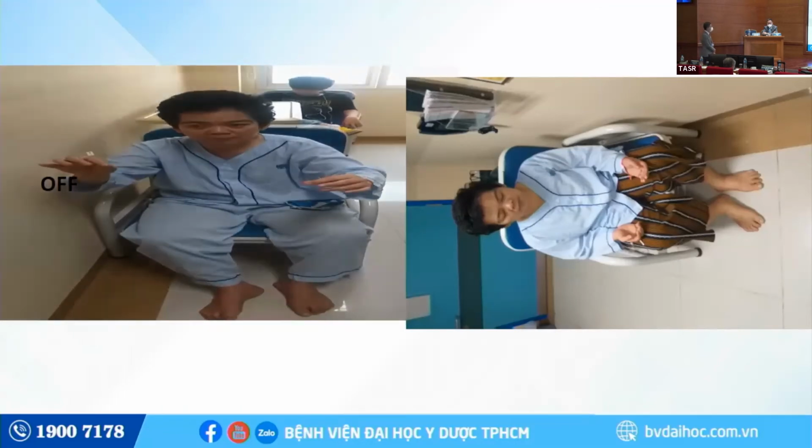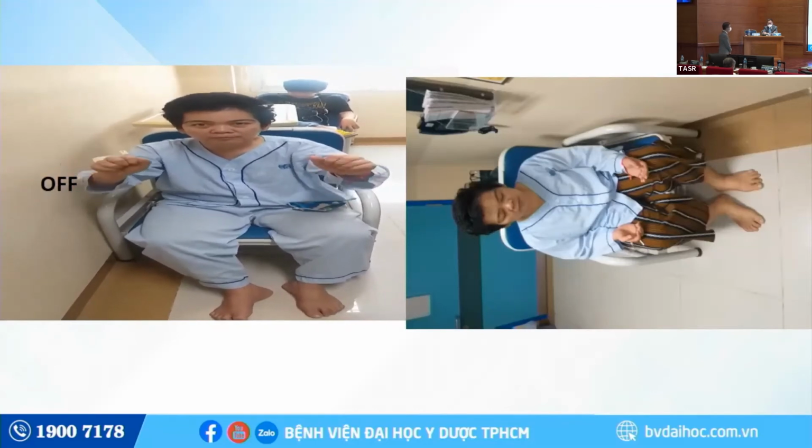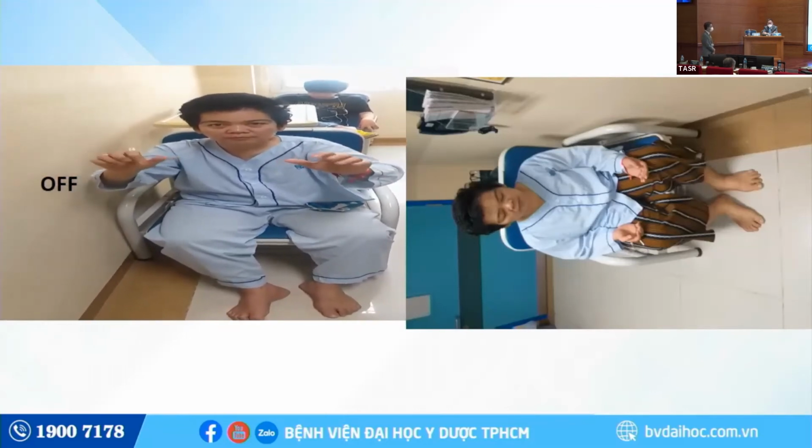During her off stage, she had bilateral bradykinesia.